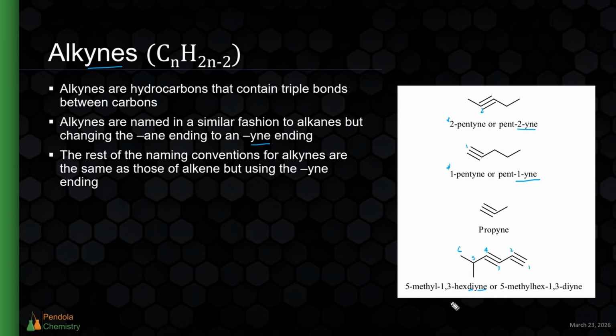It could be in 1,2. So we have to put those numberings. And then there's a methyl side chain that goes on carbon 5. So there's nothing different in alkynes with triple bonds than in alkenes with double bonds other than the ending. Instead of an ENE, which we use for alkenes, we have a YNE with alkynes when we have triple bonds.